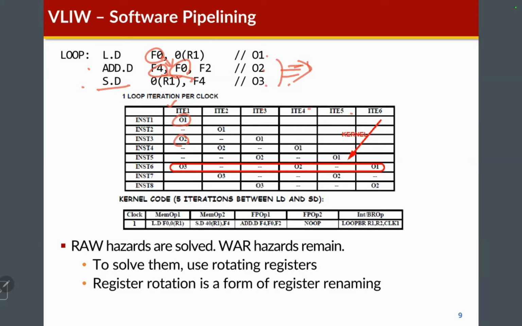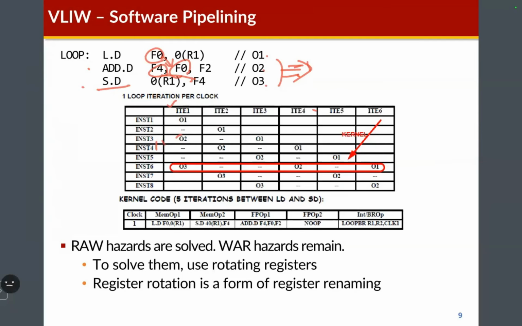So what's the problem? The loop count is unknown. This is the kernel, and regardless of the number of unrollings, we can apply the same kernel after some prologue and epilogue part of the code.